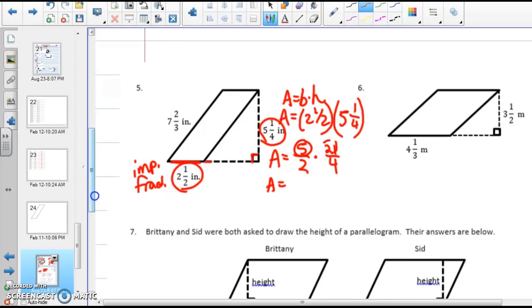Okay, if you multiply 5 times 21, you get 105, and 2 times 4 is 8. Now, this is an improper fraction, so to simplify it, I need to change it back to a mixed number. If you remember from class yesterday, to do that, we're going to divide 8 into 105.